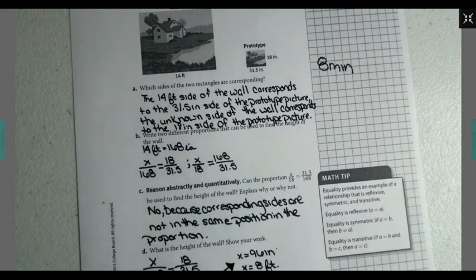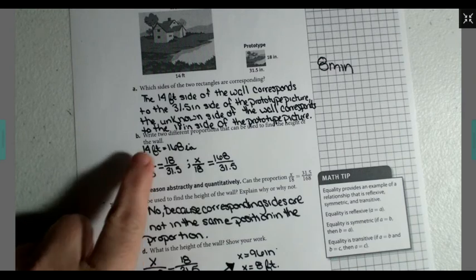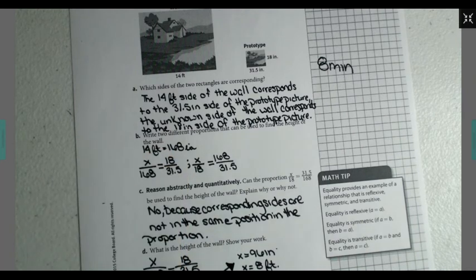So I either had to convert everything to feet or everything to inches. Please remember that there are 12 inches for every foot. So the first thing I did for part B was find out that 14 feet was 168 inches. All I did was 14 times 12, and that gave me 168.